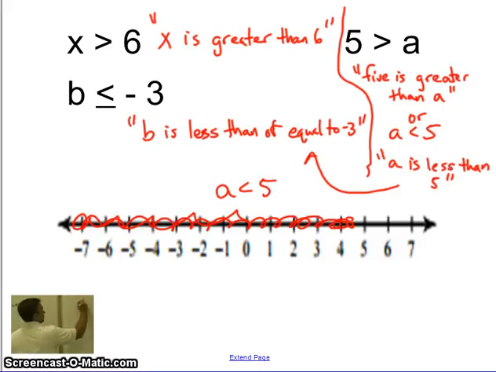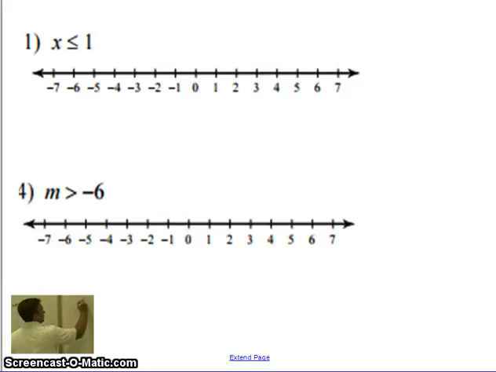So A could be 4, 3, 2, 1, -3, 0.5, or any decimal. And we're going to learn how to graph these. So for the first one, we have x is less than or equal to 1.